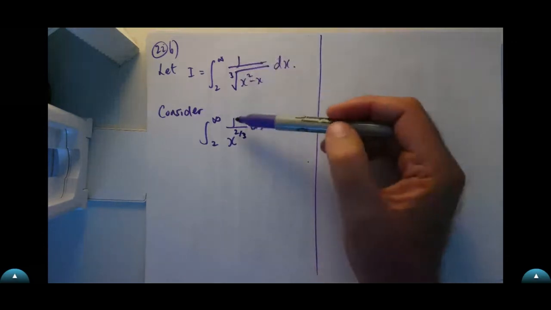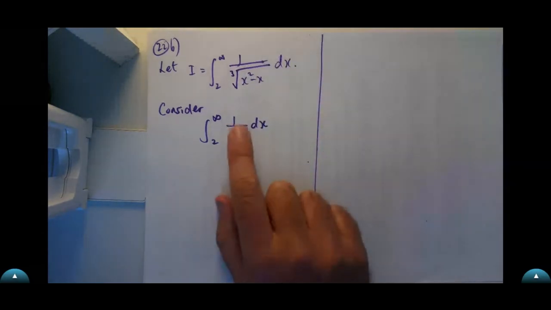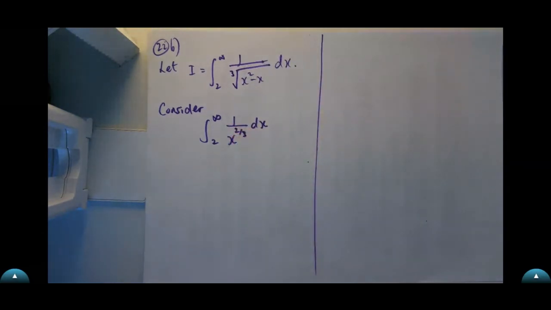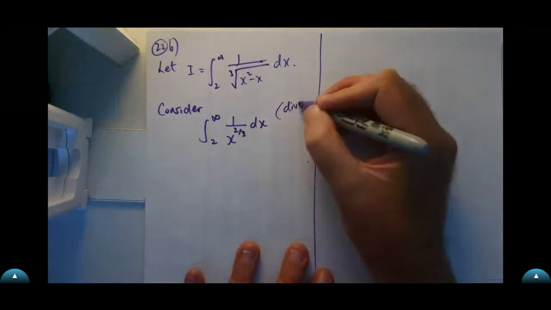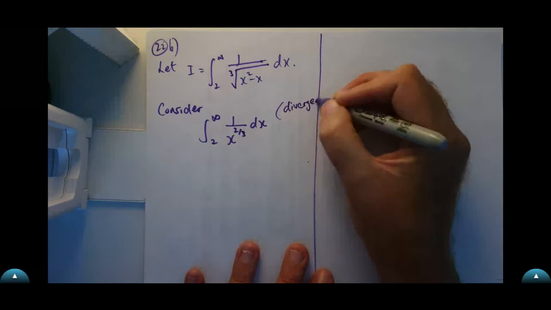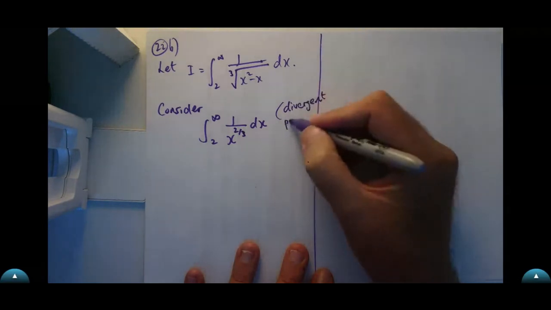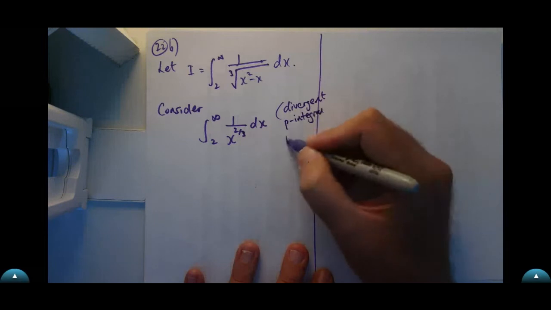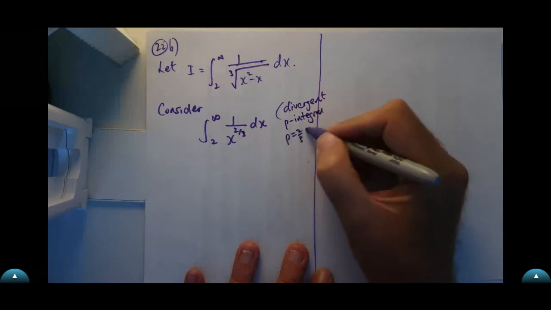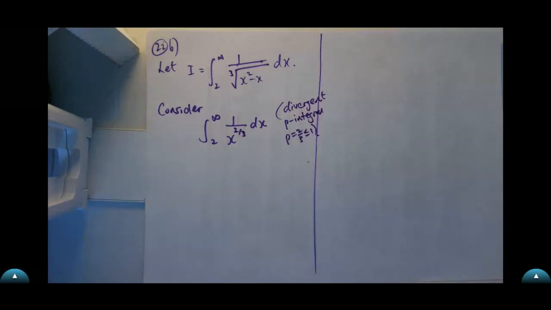And so this second integral diverges because it's a divergent p integral, right? P equals 2/3, which is less than or equal to 1.